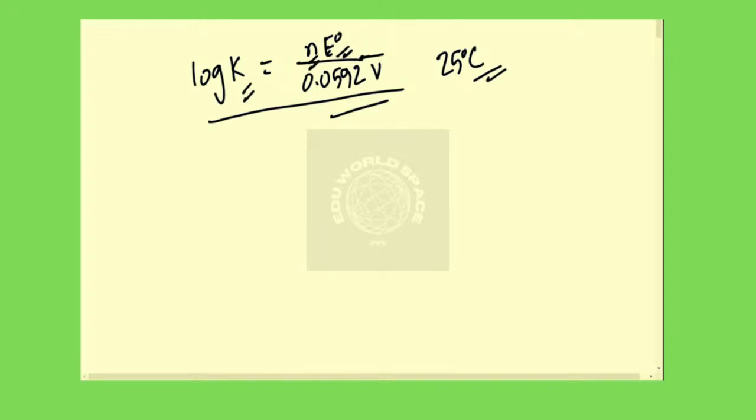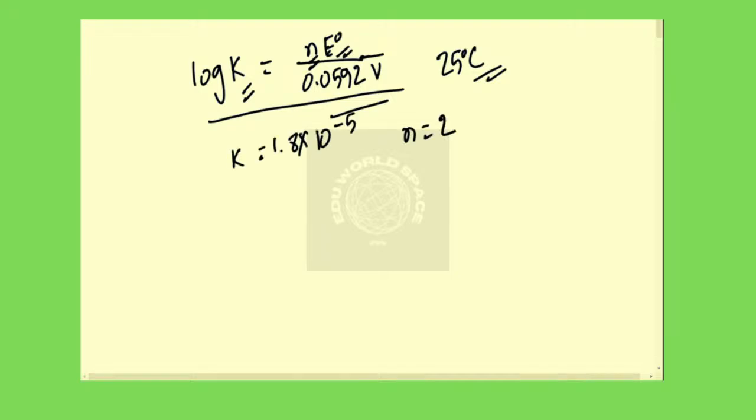So if we plug in the values we are given, the equilibrium constant is 1.8 times 10 to the power minus 5, and n is 2, as the number of electrons transferred is 2.